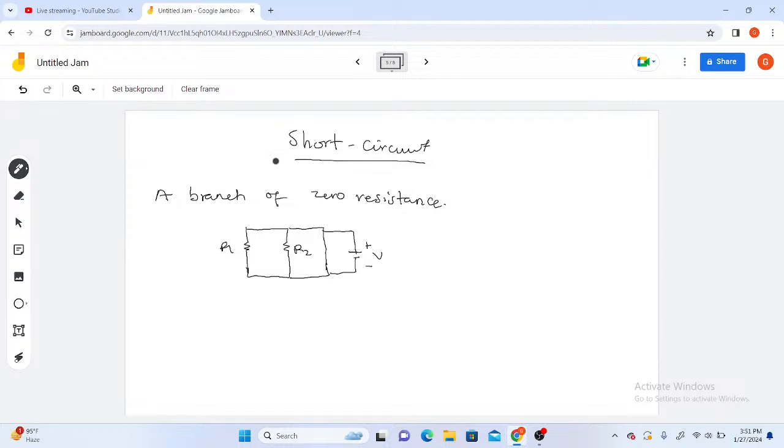Positive will flow up, and upon reaching this first node, it will ask itself, where am I passing? And please take note, when current is flowing, consider the current as water flowing through a pipe. When water is flowing through a pipe, it doesn't take the path with obstacles.